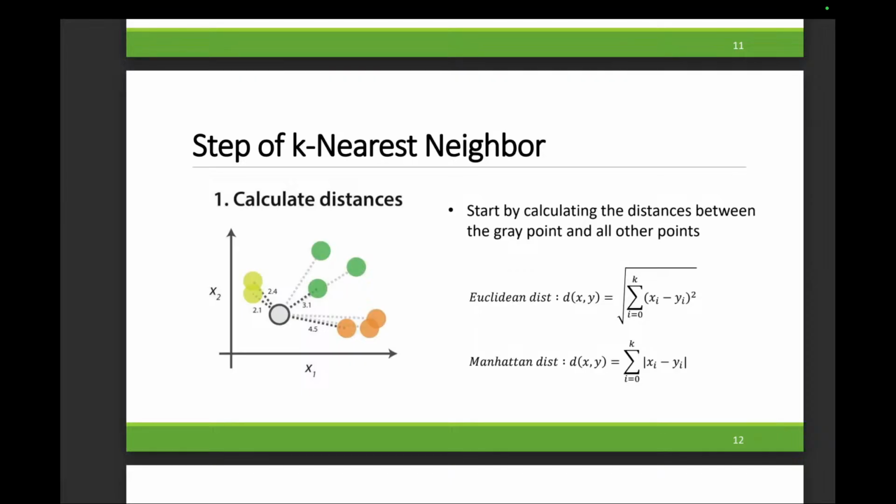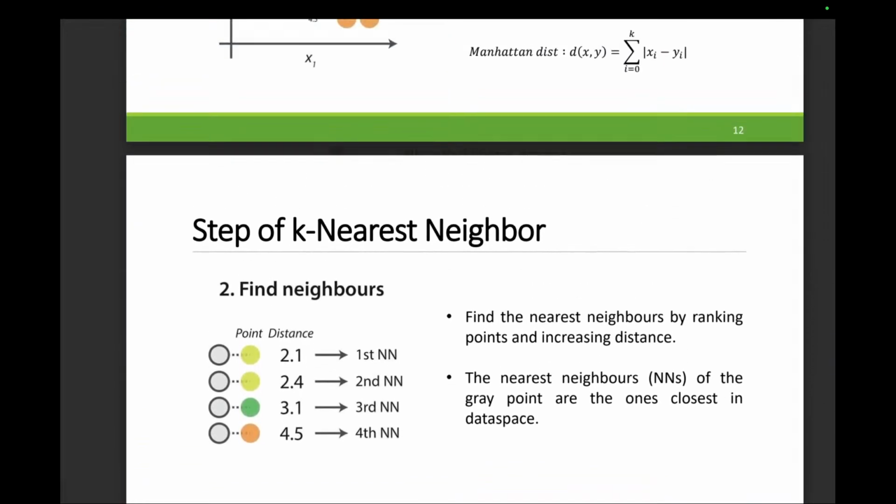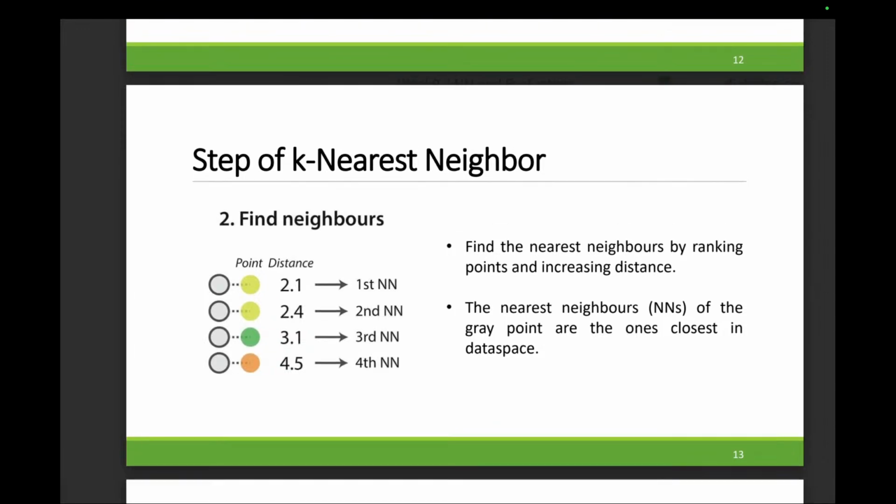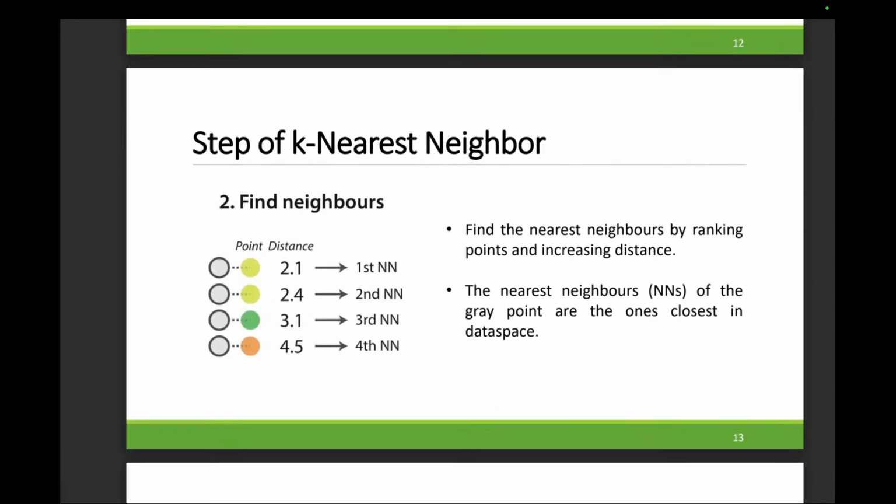If you have 100 data points, you have to measure 100 times and you get 100 outputs. After you get them, you have to order the distances from minimum to maximum.